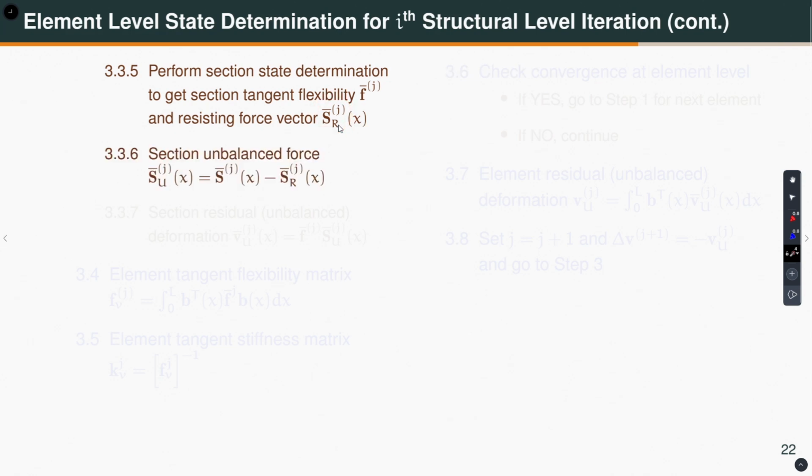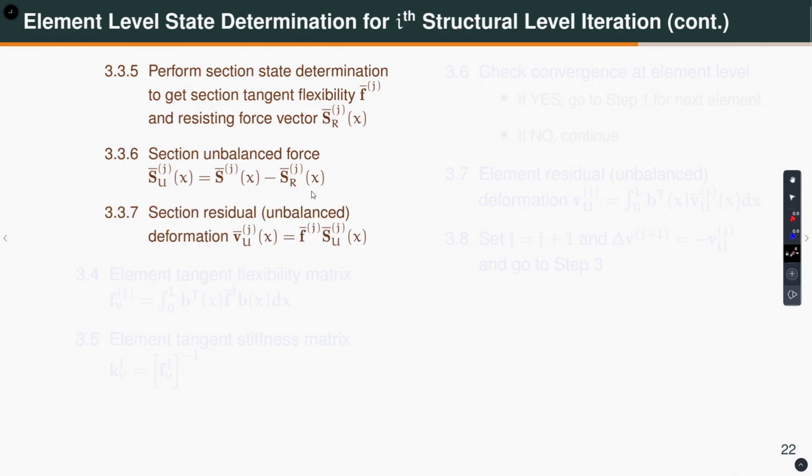So, there is a difference, and what is that difference? That difference is called the section unbalanced force vector. We put a subscript u. So, S bar u is Sj, this that satisfies the equilibrium, and this one that satisfies the constitutive relationship at the section level, of course, with the computed section deformation.